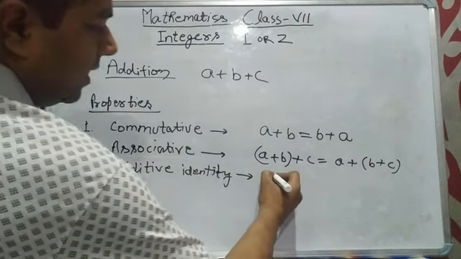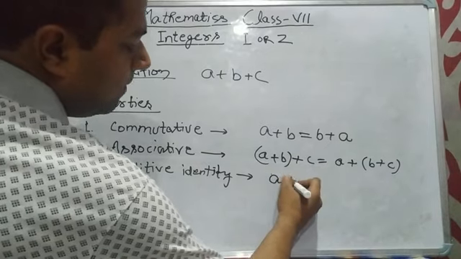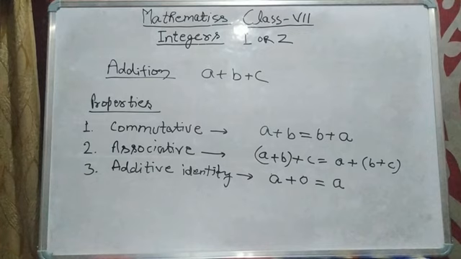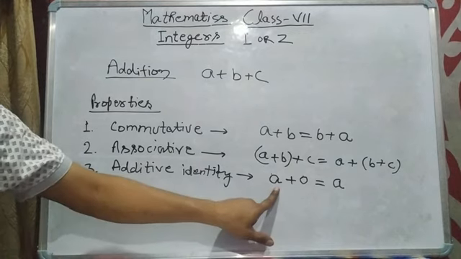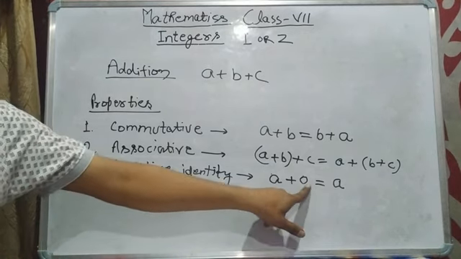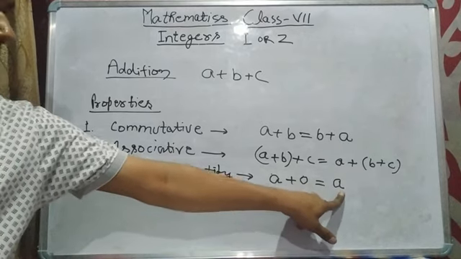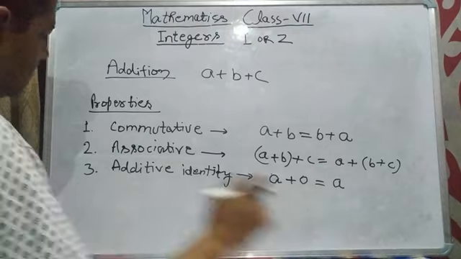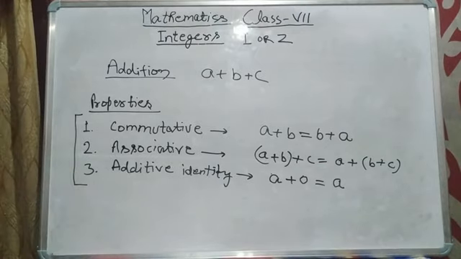Additive identity, A plus 0 is equal to A. Any integer if we are adding with 0, the result will be same. So these are the main three properties that we have to follow.